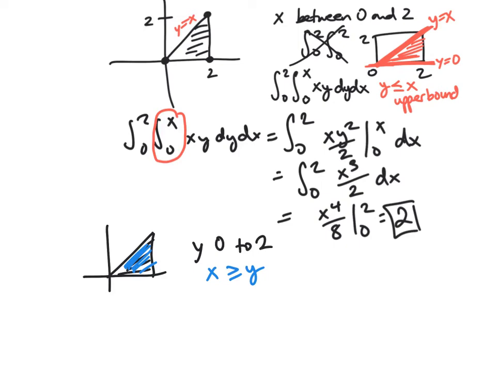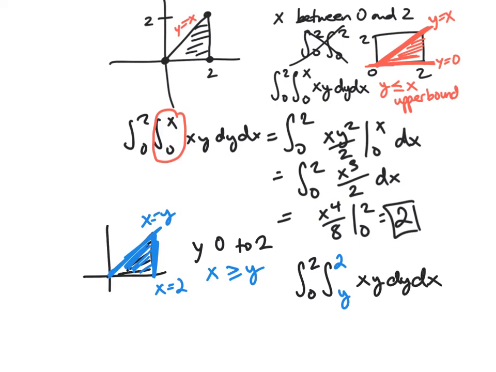And so if you wanted to do it the other way, you would do 0 to 2 for your y, and then for your x, well, your lower bound, right? So your x has the lower bound x equals y, and then the upper bound is x equals 2. And so this would be from y to 2 of the same function.